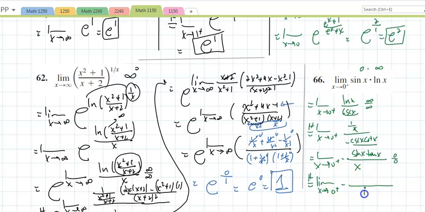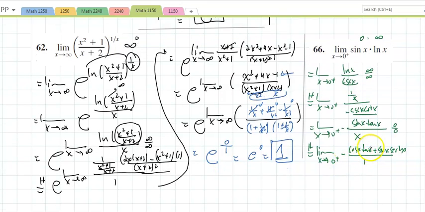The denominator is 1. The top is cosine of x times tan of x plus sine of x times secant squared of x. And if I put a 0 in there, that's a 0, and that's a 0. I'll get 0 over 1, which is a 0.